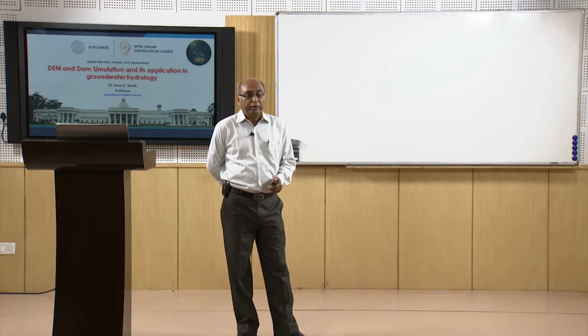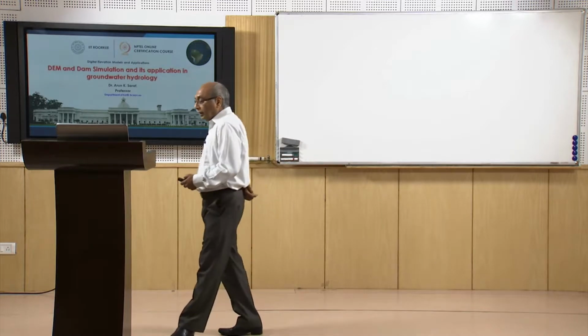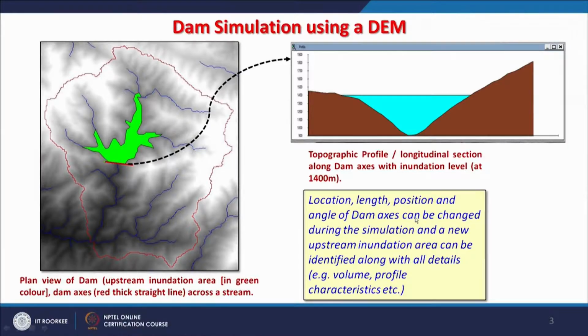But this is just one simple output. This can be useful for various purposes. As mentioned, the location, length, position and angle of the dam axis can be changed during the simulation or after the simulation. If I want one more, or two, three, I can have different ones, and a new upstream inundated area, as shown here in green color, can be identified along with all details about this reservoir or the inundated water.